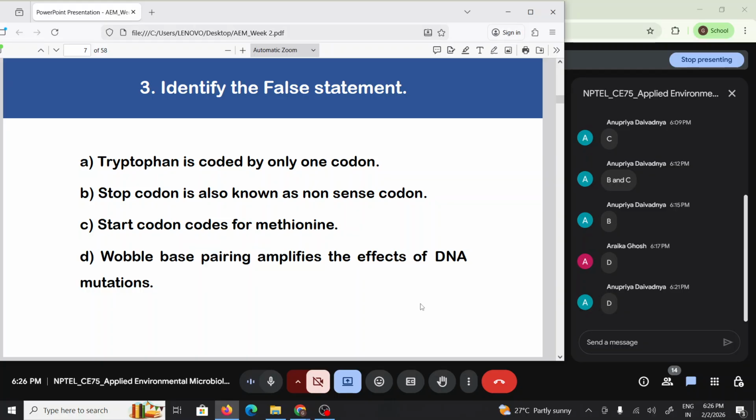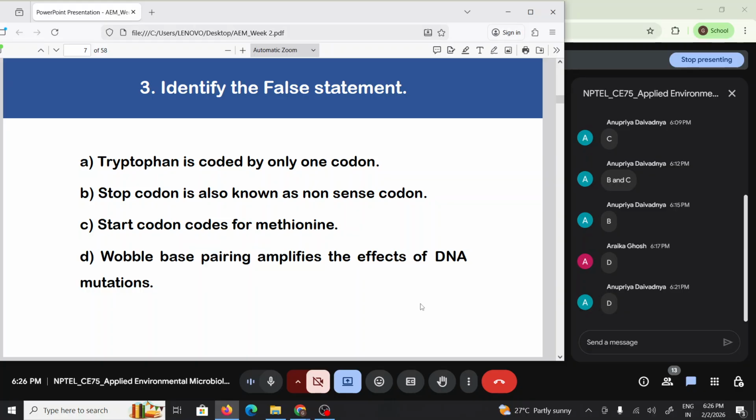Sometimes there is less specificity between this codon and tRNA matching, especially with respect to the third spot in that codon. So even though the third spot is different, still the same amino acid comes and attaches. So this is known as Wobble base pairing.